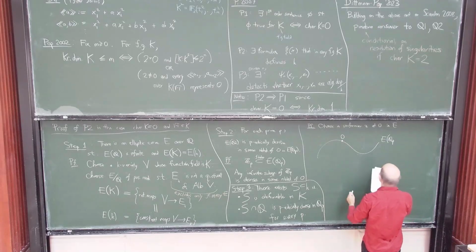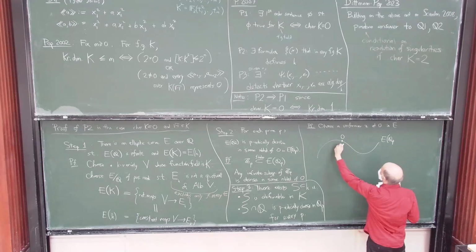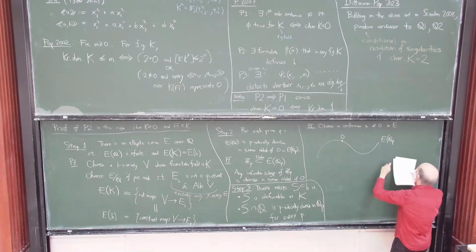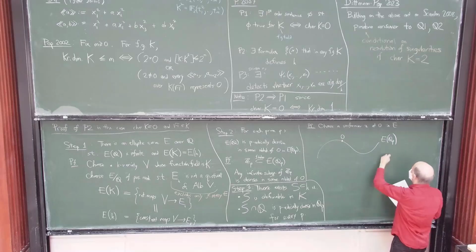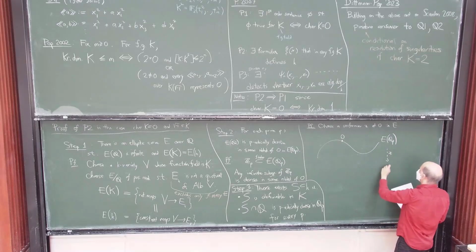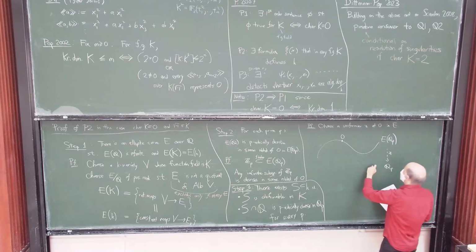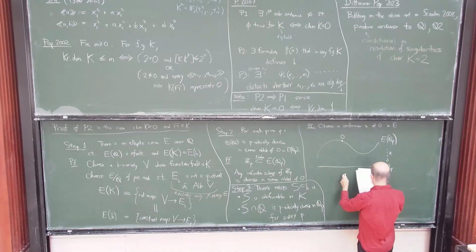And now I'm going to choose a coordinate that increases along here, which I can think of as a rational map to QP. And then here I just have QP itself.